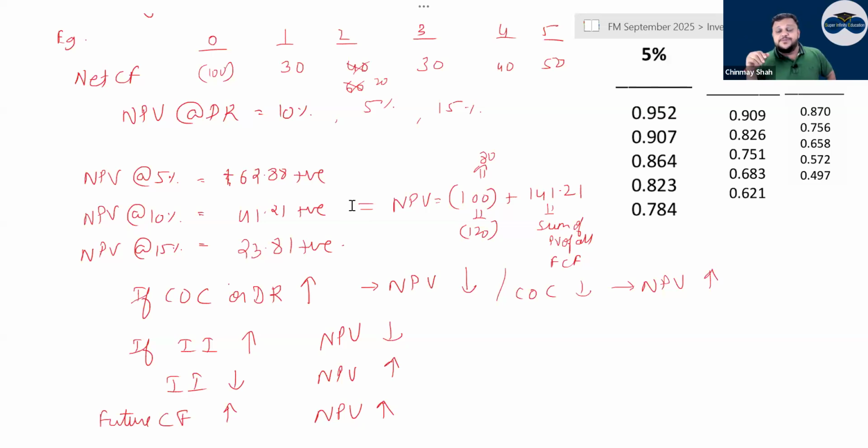If any of the future cash flows increase, what will happen to the NPV? Will it rise? Will it fall? Rise. Or it will say that the cost of capital was 5% right now, it goes to 8%. What will happen to NPV? Will it fall or will it rise? Fall. ये ना, अभी when you have done this, it is easier.